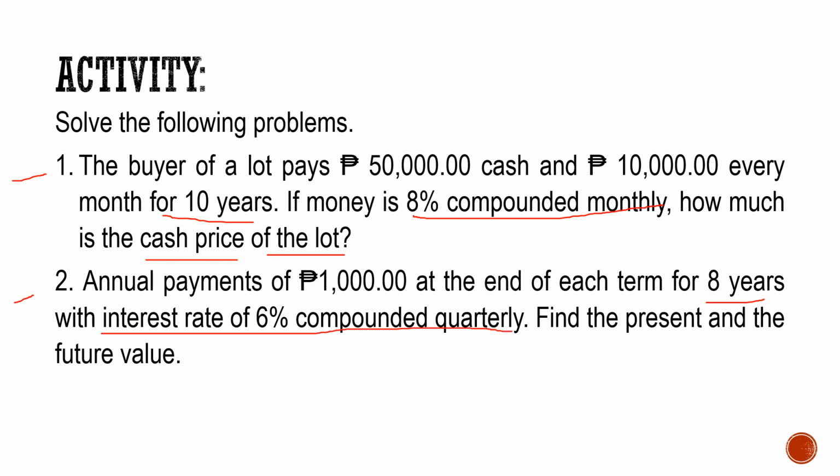Find the present and the future value. Using the concept of simple and general annuity for present and future value of these two kinds of annuity under annuity certain, we can solve these two given problems, and you can put all your answers and solutions using your Katleya.